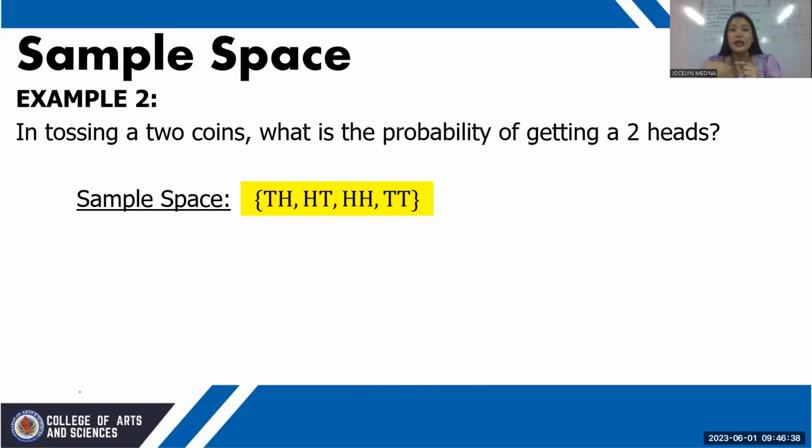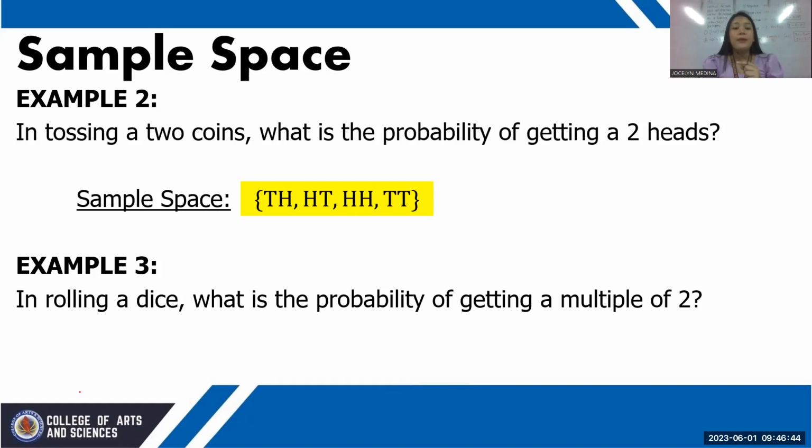As I said kanina, it's a set, so always put it inside braces. Okay? Paano naman kapag rolling a dice? Alam natin kung ano yung dice. So, when you have a dice and you try to roll it, ano kaya yung possible na sample space? Alam natin na sa dice, there are 6 numbers: your 1, 2, 3, 4, 5, 6.